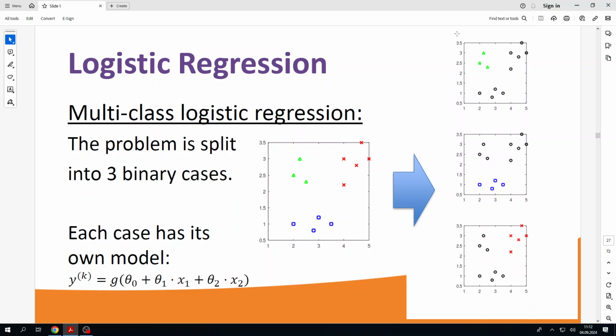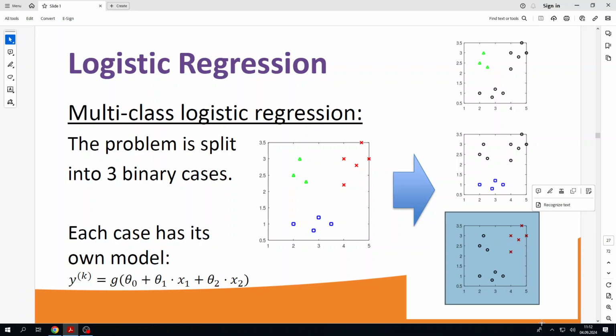The first classifier is going to answer a very simple question: is this a green triangle, yes or no? That is the task for the first classifier. So we make a specialized classifier whose task is to search for green triangles. Similarly, we make the second classifier to search for blue squares, and the third classifier to search for red crosses.